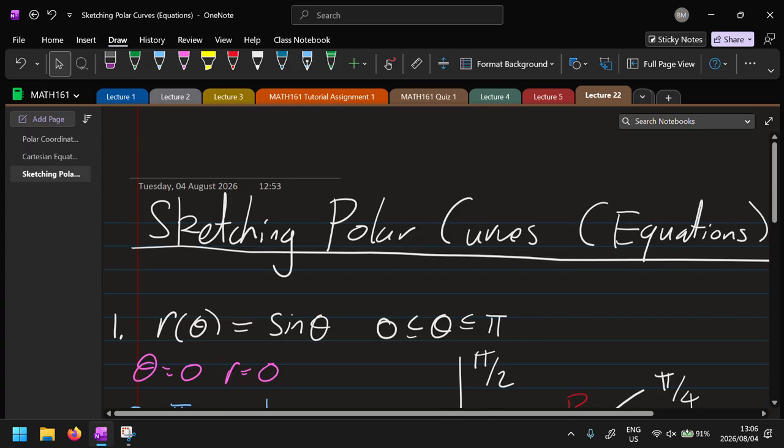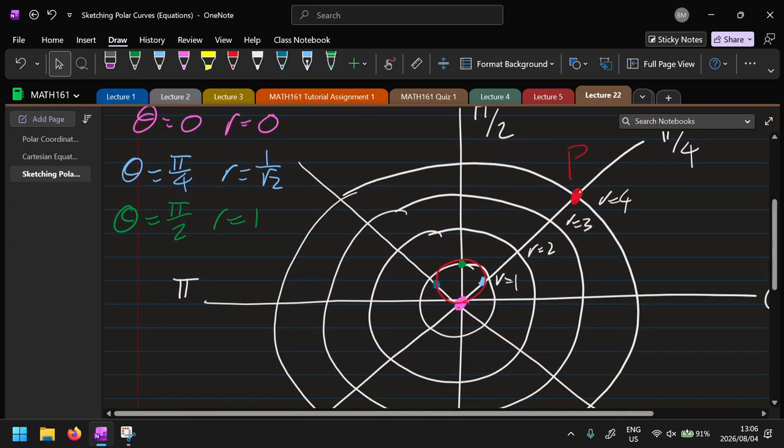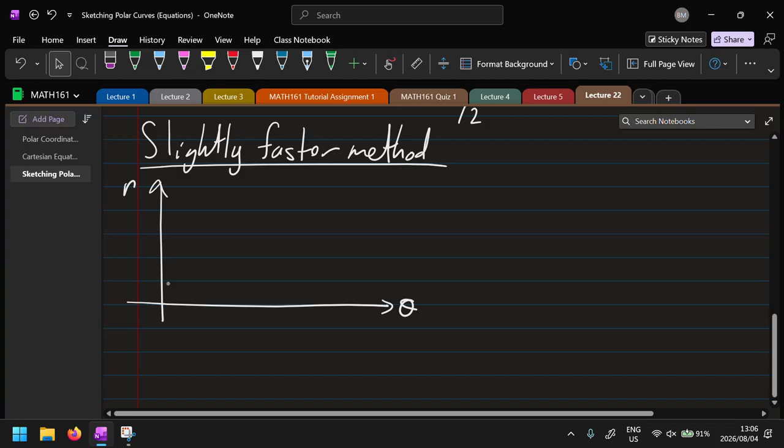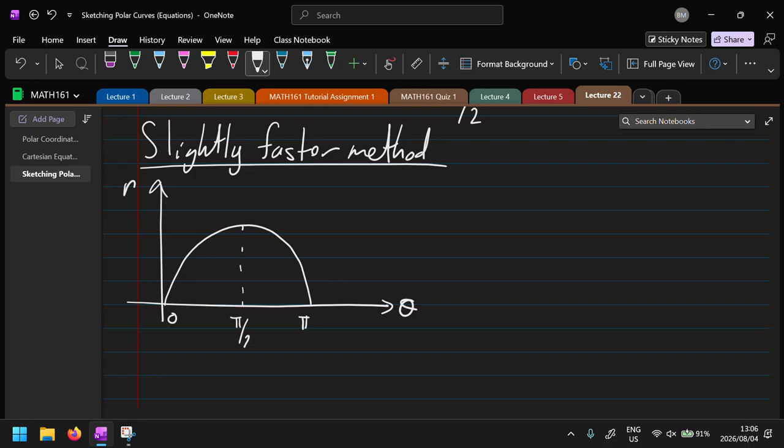We know r is sine theta from 0 to pi. So it's going to look like this. Okay. Now we're going to look at where this graph here is 0, where it's increasing, where it's decreasing, and the turning points. Right, the stuff from last year.